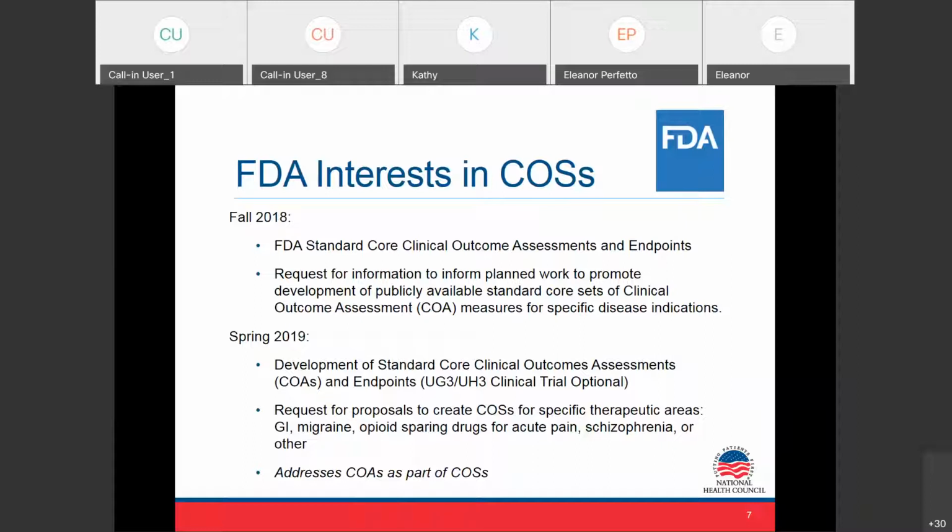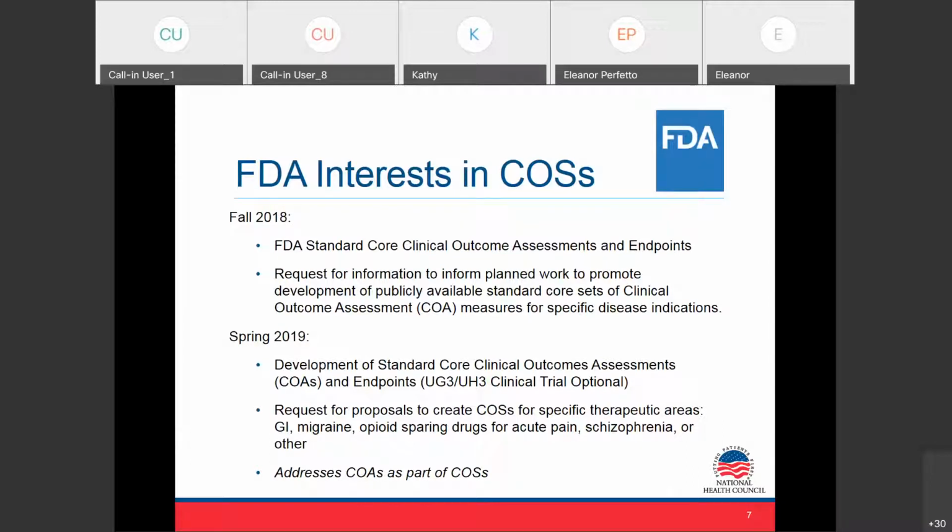Later, in the spring of 2019, the FDA put out a new announcement on the development of standard core clinical outcome assessments and endpoints. And this was a request for proposals, to actually identify organizations and teams that would create the core outcome sets for specific therapeutic areas. And the FDA, in that announcement, focused on certain areas of gastrointestinal diseases, migraine, opioid-sparing drugs for acute pain, and schizophrenia, and it also left open the option of covering other disease areas, provided the group submitting provided a strong enough rationale for why that disease area needed to be addressed.